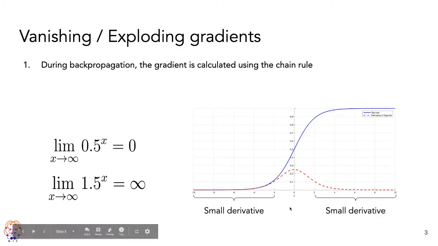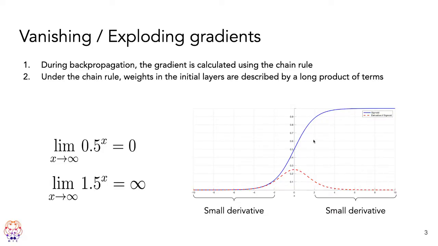As you can see, there's a small derivative at the end points here. The problem with that is when you multiply your weights by the chain rule, it's going to be a long product of terms. And so when you use the gradient to update your weights by a certain amount, that certain amount is going to be very small.